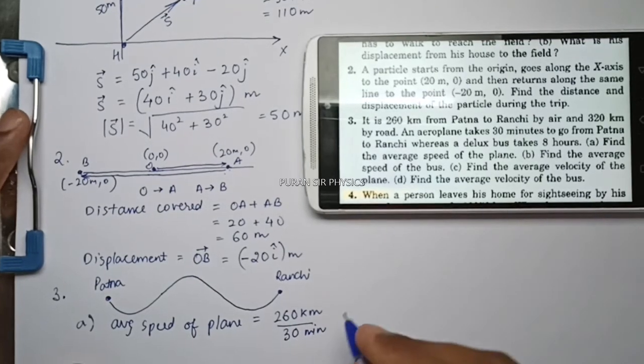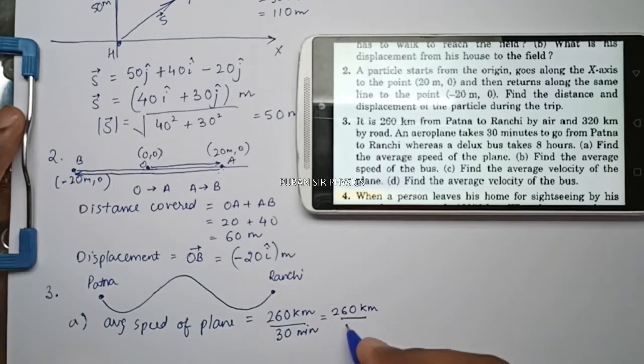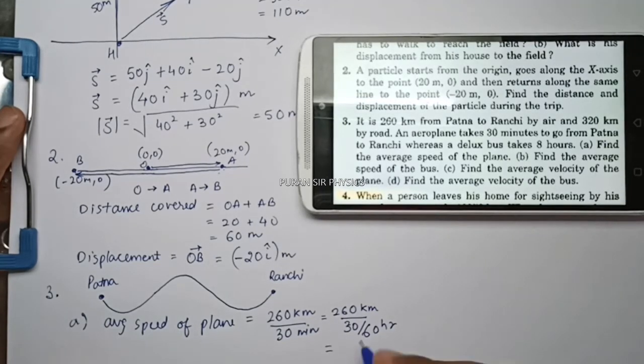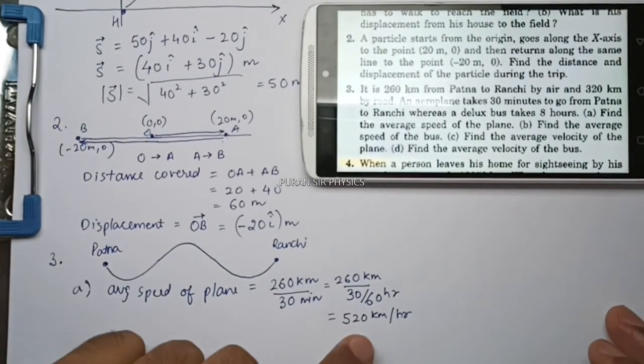So we can write this thing as 260 kilometer upon 30 minutes को we can write 30 by 60 hour, so that we will get our answer in kilometer per hour. So the average speed of the plane will be 520 km per hour.